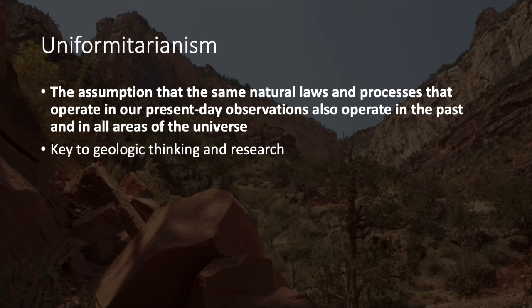We can think of this in the context of chemical reactions. The types of chemical reactions that occur today in the natural environment occurred millions of years ago. Or we can talk about how water's velocity downhill or the makeup of stream water might be similar today as it was millions of years ago.